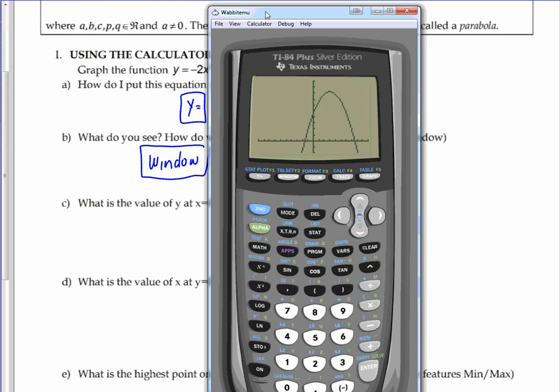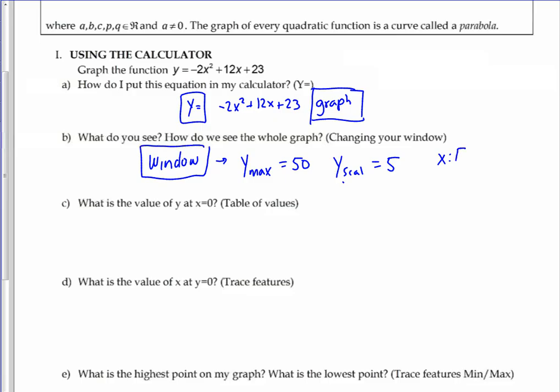When we write scale on a test, you'll often see it written like this, the windows, I mean. We would write the min value, the max, and then the scale: x min, x max, and scale. Why would I need scale?